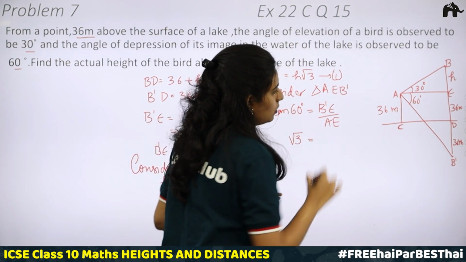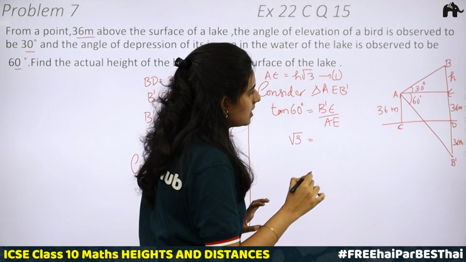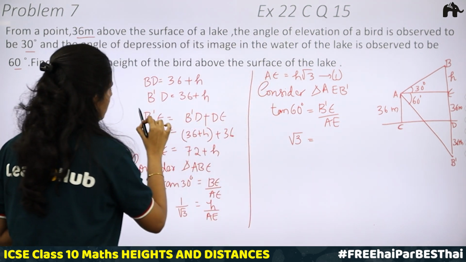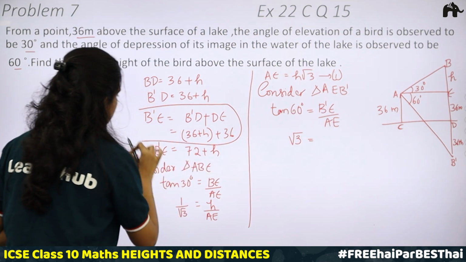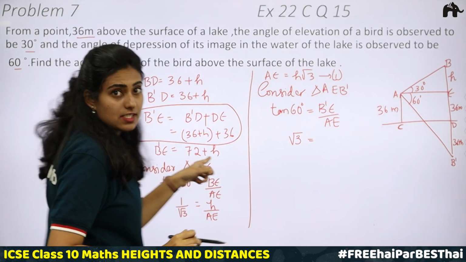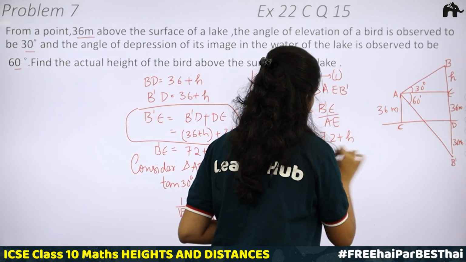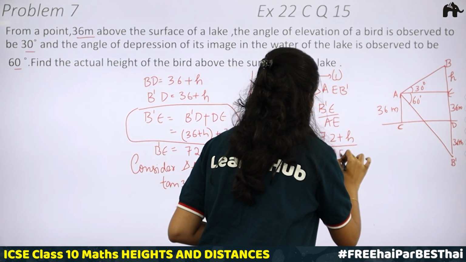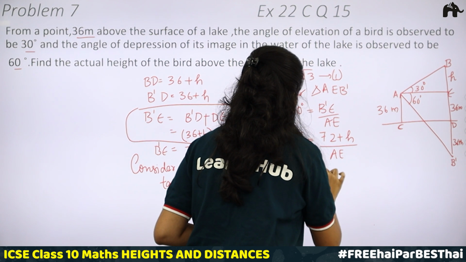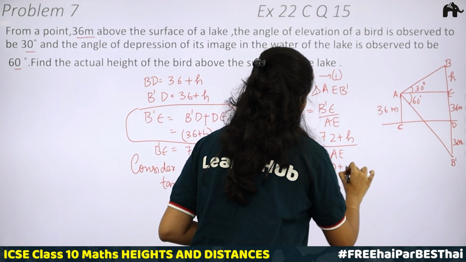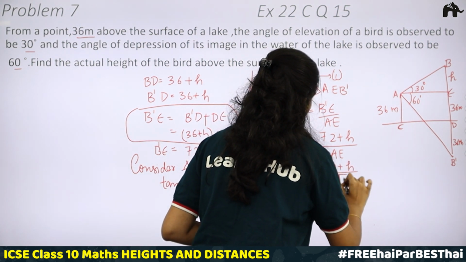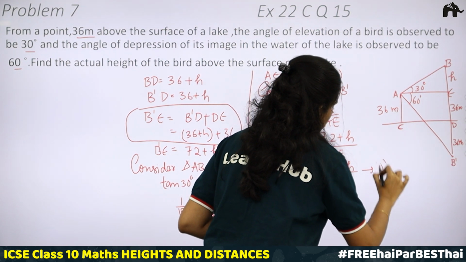Root 3 is equal to B dash E divided by AE. B dash E we have determined as 72 plus H. So we can write AE is equal to 72 plus H divided by root 3. This is taken as 2.